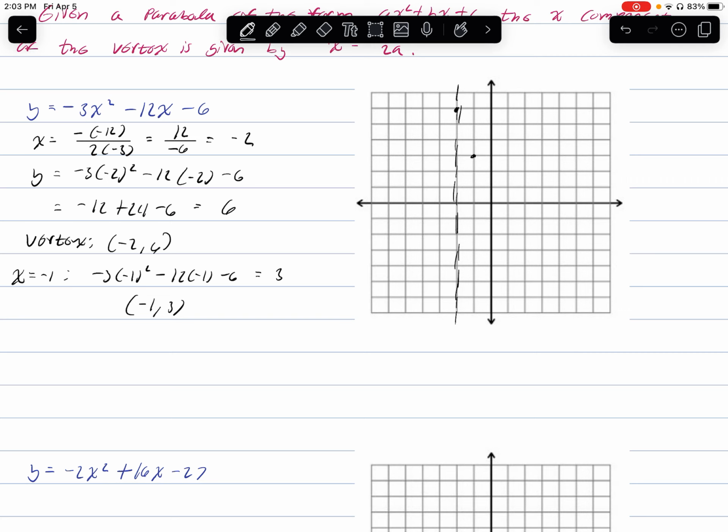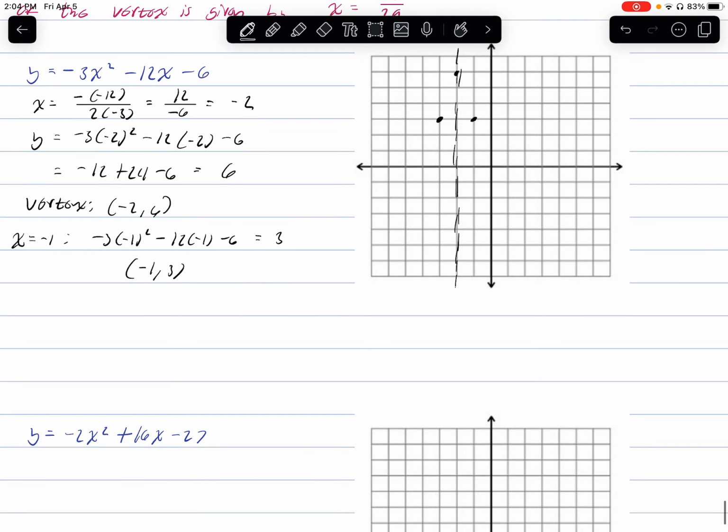Remember, since we have this symmetry here, we can go directly across and know that we have this point here as well. So we're going to get at least one of these points for free because we have access to that symmetry. Let's try x equals 0, and we'll have negative 3 times 0 squared minus 12 times 0 minus 6.